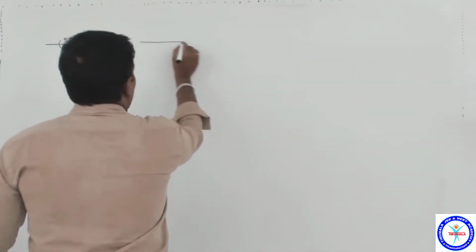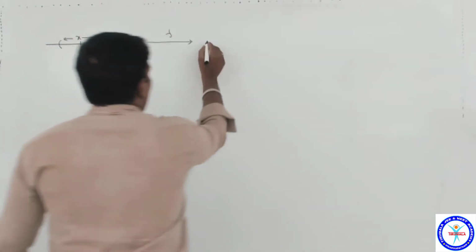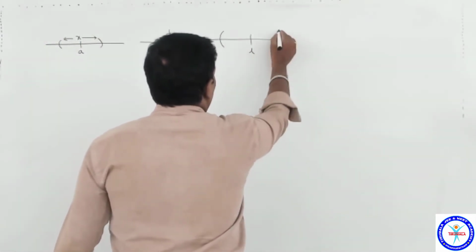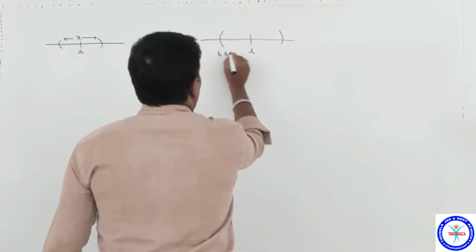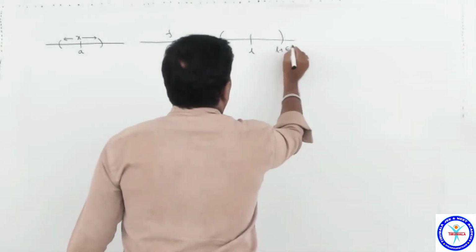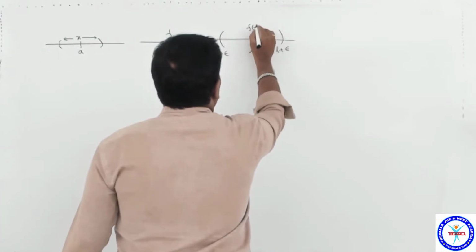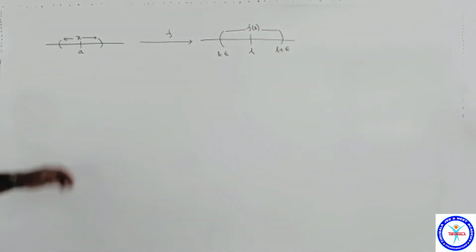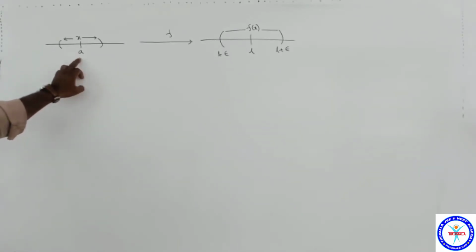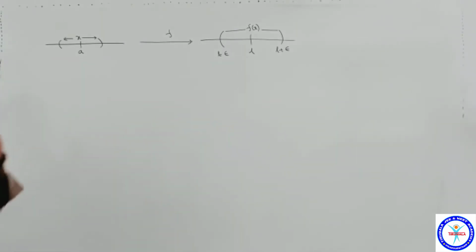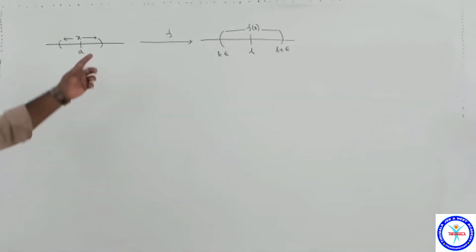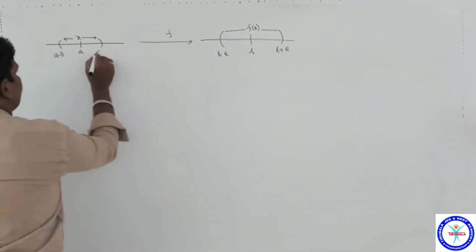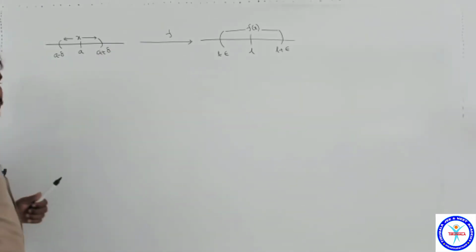This is the function f, and this is the real number L, this is L minus epsilon, this is L plus epsilon, and this is f of x. Okay. So here a is the limit point of f, and this is the neighborhood of a.